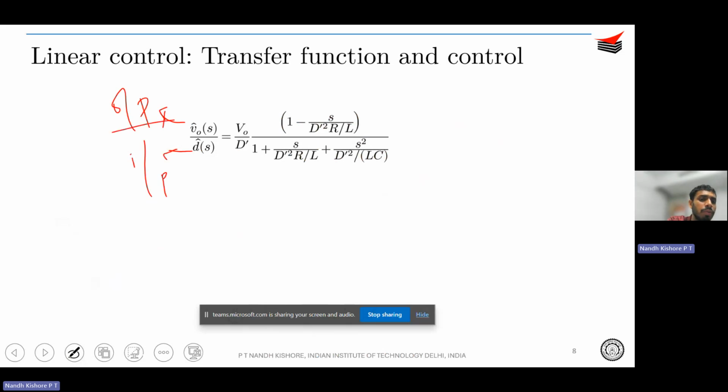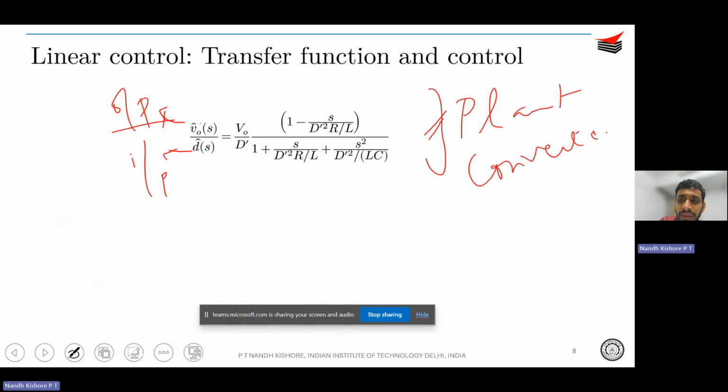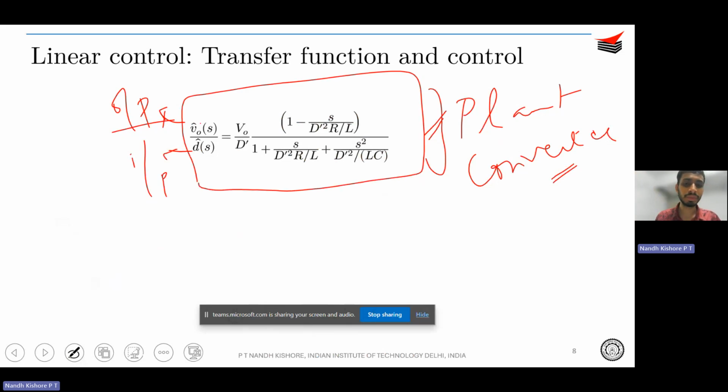So for a perturbation of D or D hat, you see how your V naught is going to change, and it follows this particular relation, and this defines your plant, your entire converter. What we have effectively done is model our entire power electronic system, the boost converter over here, and arrive at this particular transfer function.